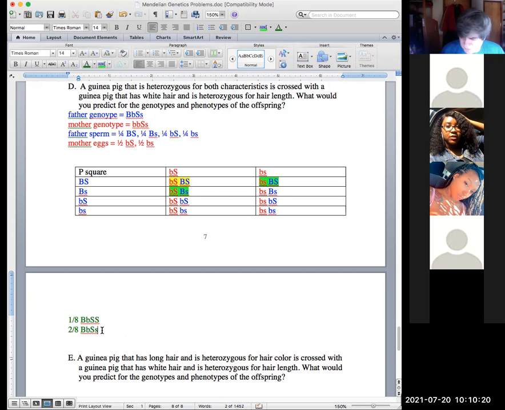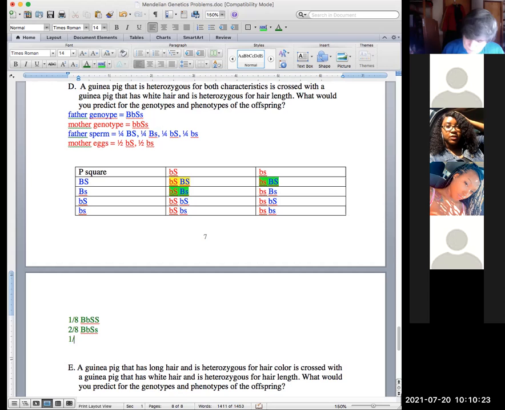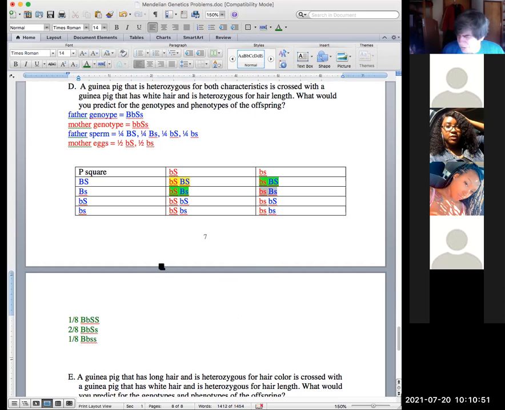Then I have big B, little b, and then 2 little s's. Okay, I don't think I see any more with that.